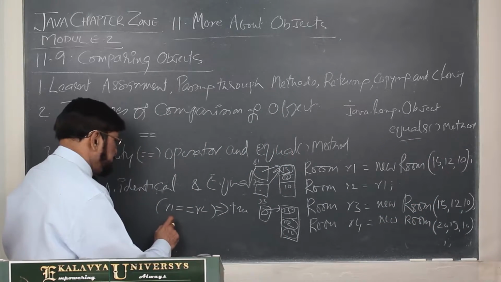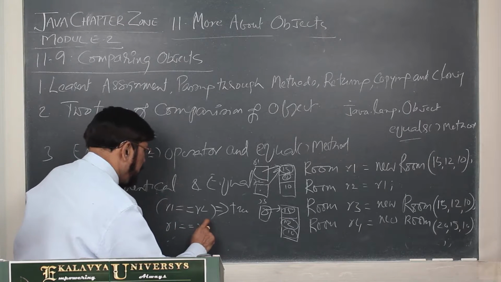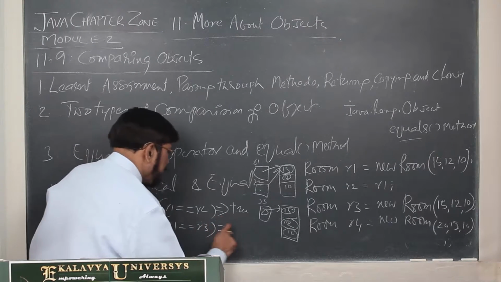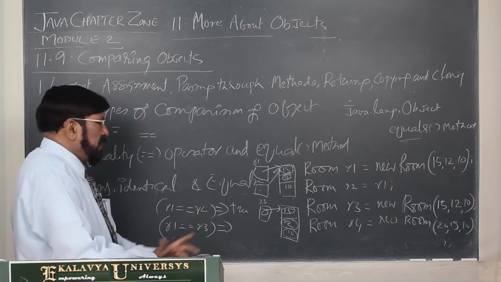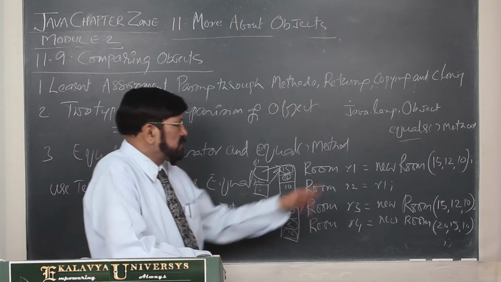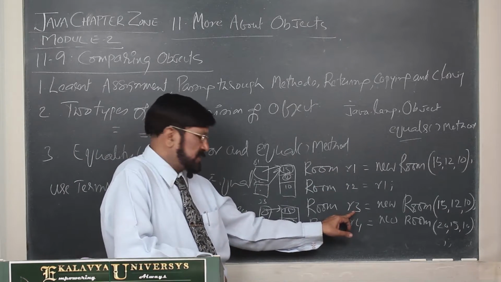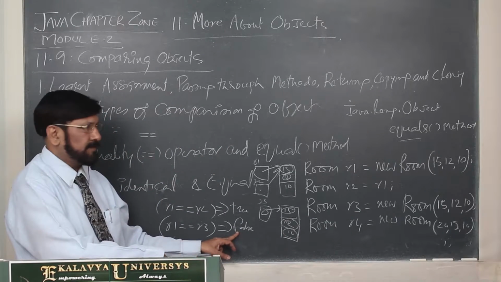Now what expression do you write? R1 equal to R3. Then you have to think this is false. Why is this false? R1 is a different reference, R3 is a different reference. That's why false has come.